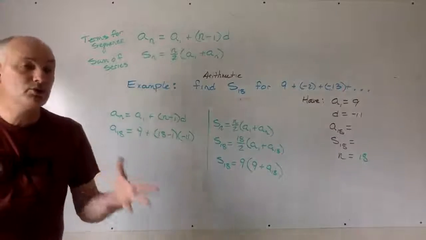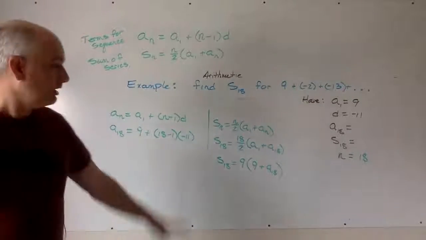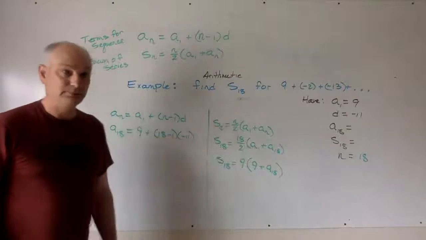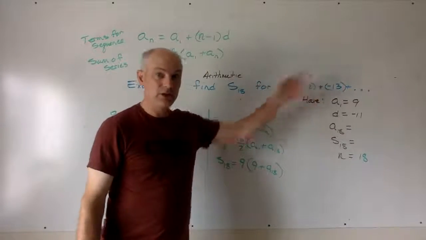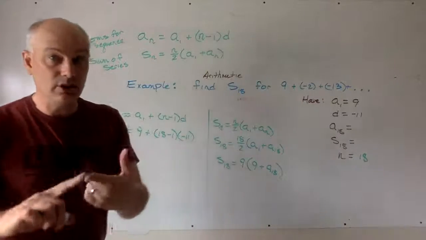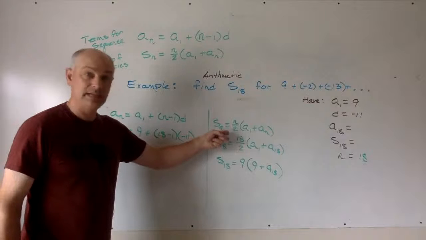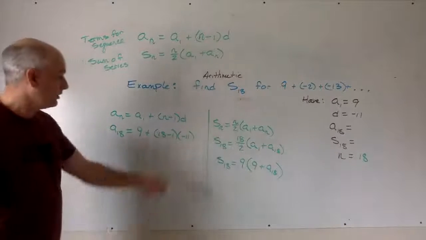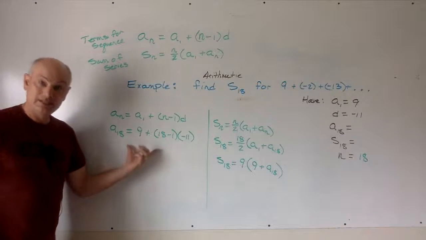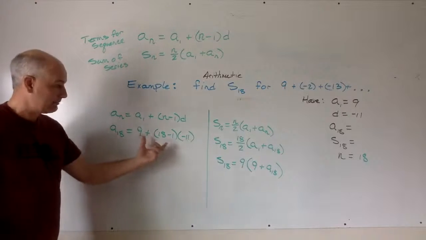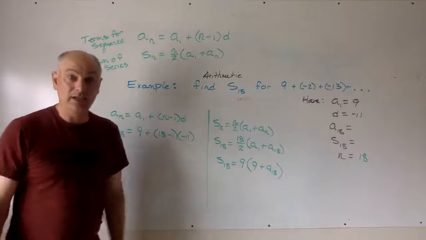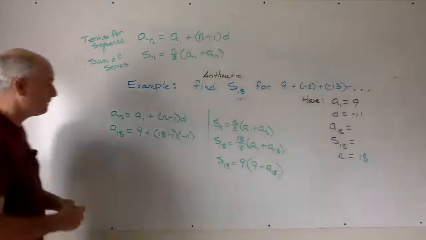This is what always will have to happen. If you write both formulas down, whatever given information you have is either going to let you get something from the sum, or you're going to get something from the sequence piece. Somewhere along the lines, it will give you a piece of information.